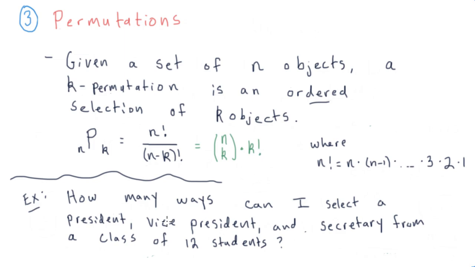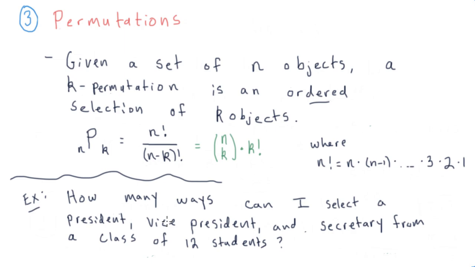So in our example, how do I know whether I want my selection to be ordered or unordered? Well, look at this example. How many ways can I select a president, vice president, and secretary from a class of 12 students? Now, this is a selection of 3 students from the class of 12 students.